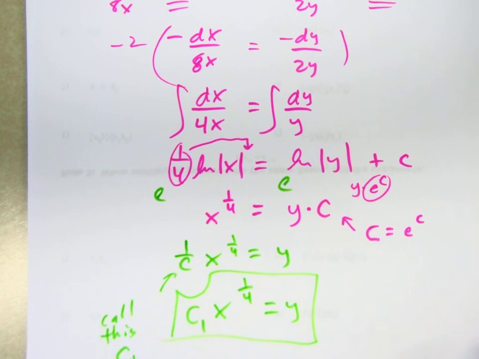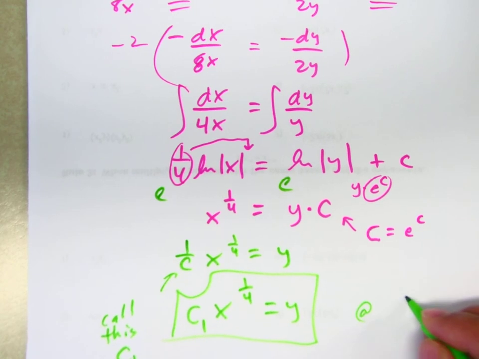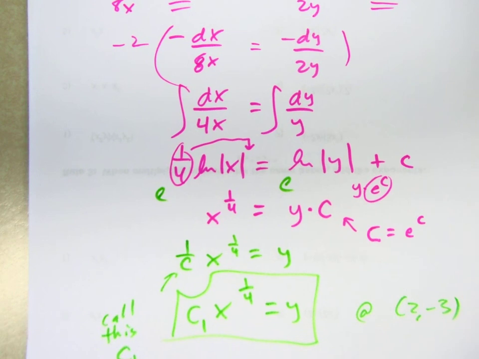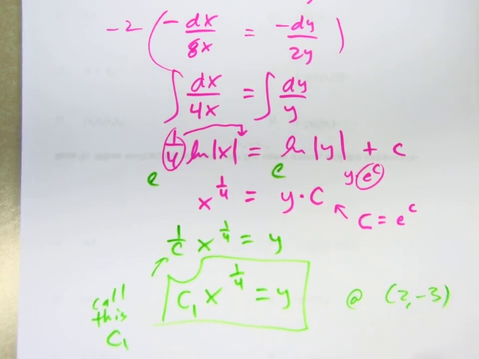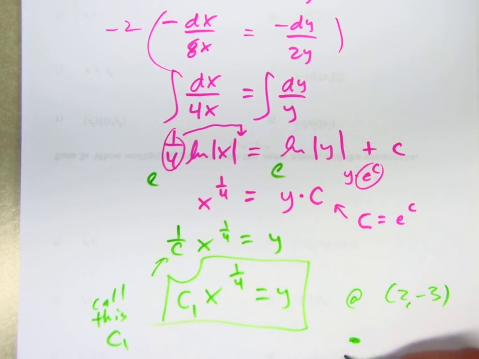Now we can go ahead and find this constant since we knew that we were starting at (2, -3). If I plug those conditions in, we get -3 equals c1 times 2 to the 1/4.